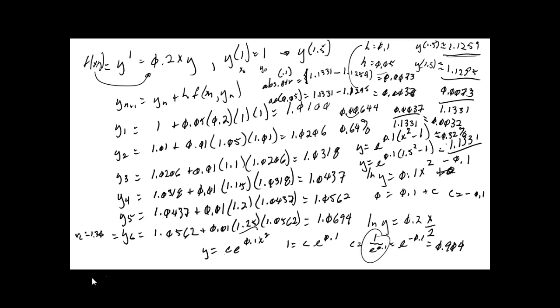So manipulate what you got here until you get it into separable, separate the variables. Exact, write it in the differential form and show that the partial of M of x, y with respect to y is equal to the partial of N of x, y with respect to x.